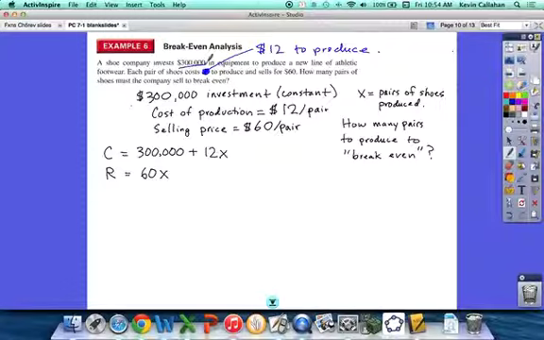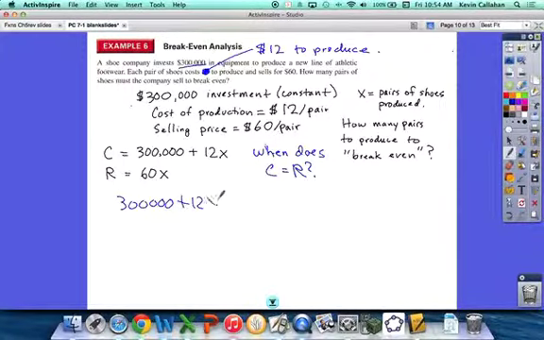When is the cost equal to the revenue? So 300,000 plus 12x equals 60x. And that's a pretty basic equation to solve, right?